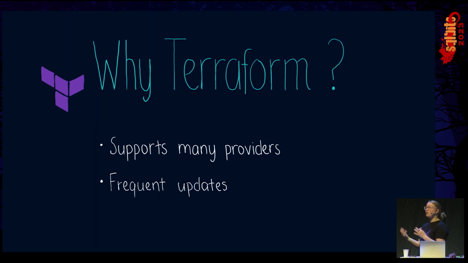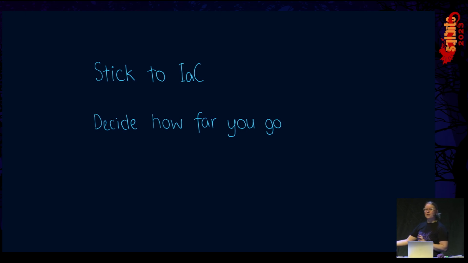In the end, now you also have a little bit of a sense of what they look like. They are similar tools, so you can figure out what fits best in your environment. The main thing, whichever tool you choose, is to stick to infrastructure as code. If you start it, do not tweak the resources manually. Put restrictions in place so that people cannot do it by accident. Secondly, decide how far you go with infrastructure as code.